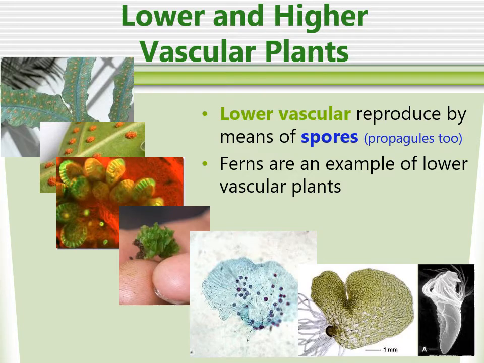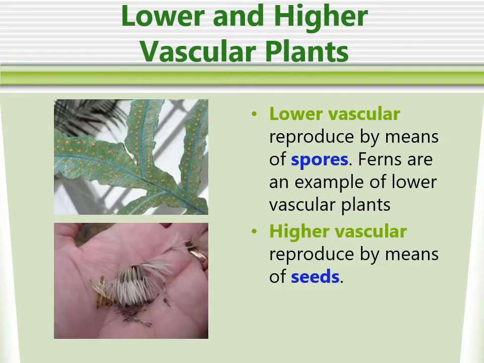The sperm in lower vascular plants are typically multiflagellate, and they will seek out the female part and fertilize it. It's quite a complicated structure. These pictures all have links. If you go to your original PowerPoint file, you can click on the links and learn more about how these work. But essentially for this lesson, because I've got a lot of slides to go through, the lower vascular plants reproduce by spores and higher vascular plants reproduce by seeds.